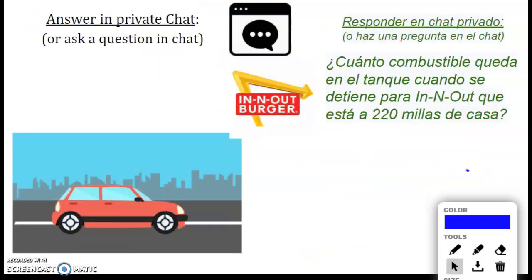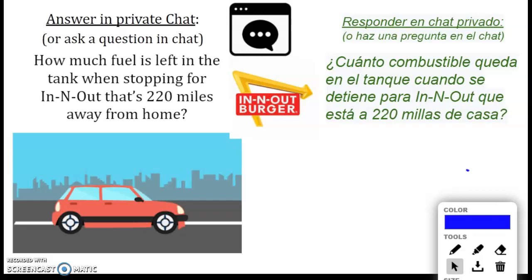Okay, now that we figured out that you are going to use up 1 over 25 gallons of gas per mile, I'm going to ask another question. How much fuel is left in the tank when stopping for In-N-Out, that's 220 miles away from home? Okay, so we figured out that you need 1 over 25, which is 0.04 gallons per mile.